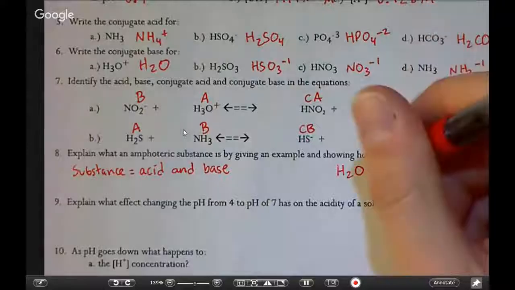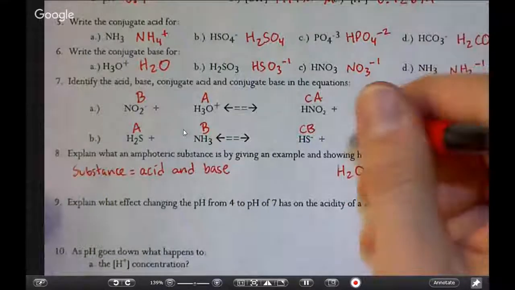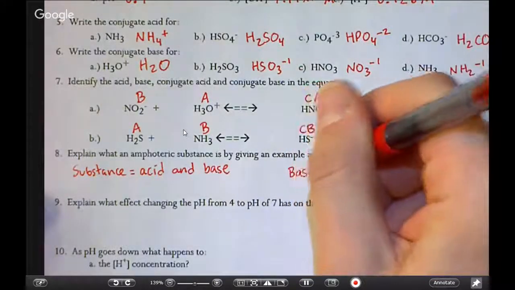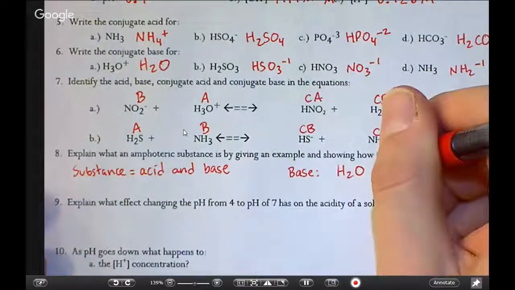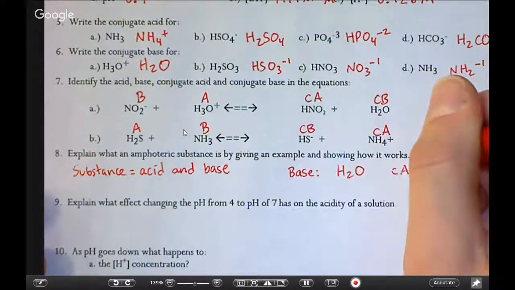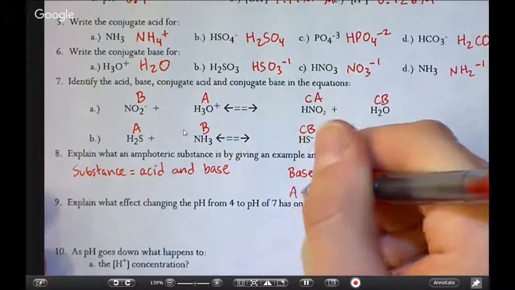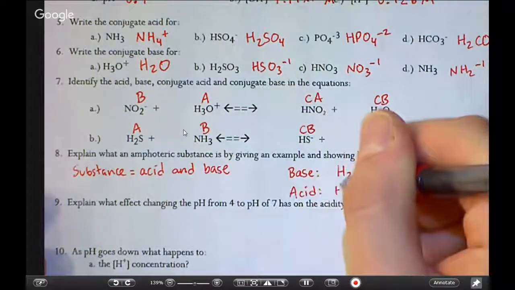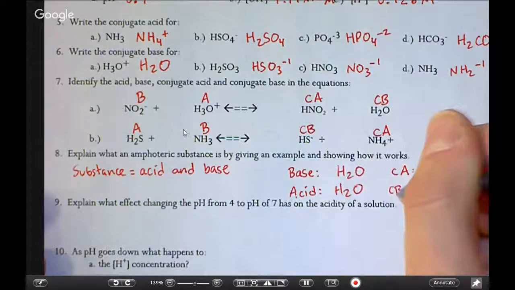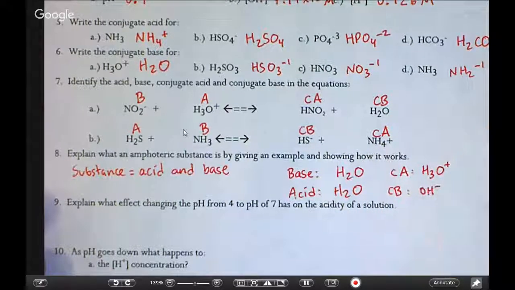So an example of water being, if it's a base, then the conjugate acid will be hydronium. If water is acting as an acid, then it has a conjugate base, that would be hydroxide.